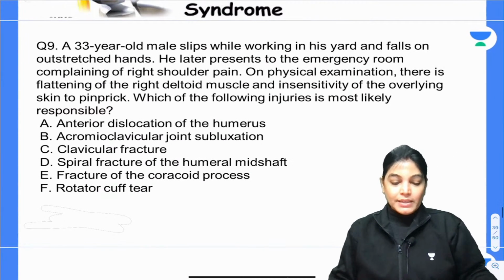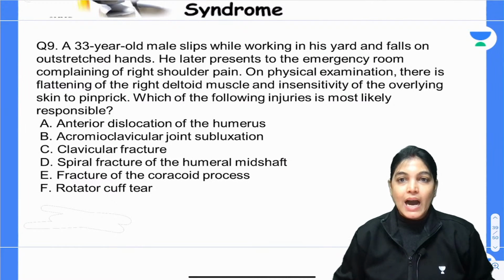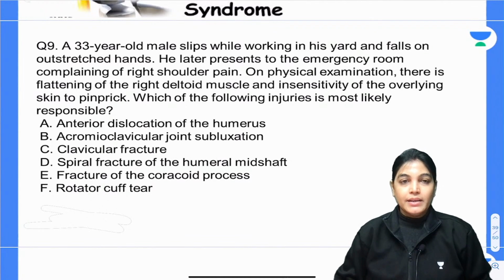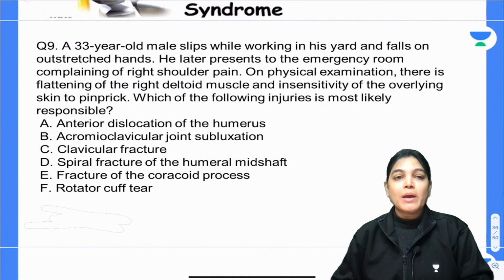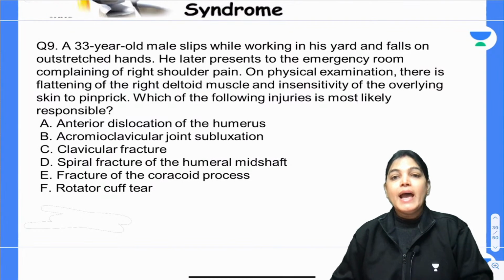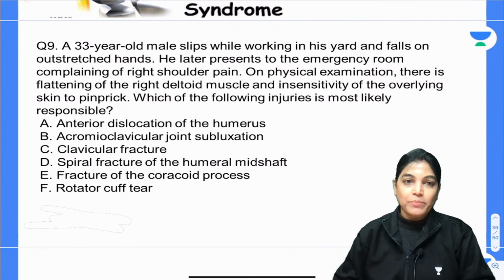A 33-year-old male slips while working in his yard and falls on an outstretched hand. He later presents to the emergency room complaining of right shoulder pain. On physical examination, there is flattening of the right deltoid muscle and insensitivity of the overlying skin to pain prick.